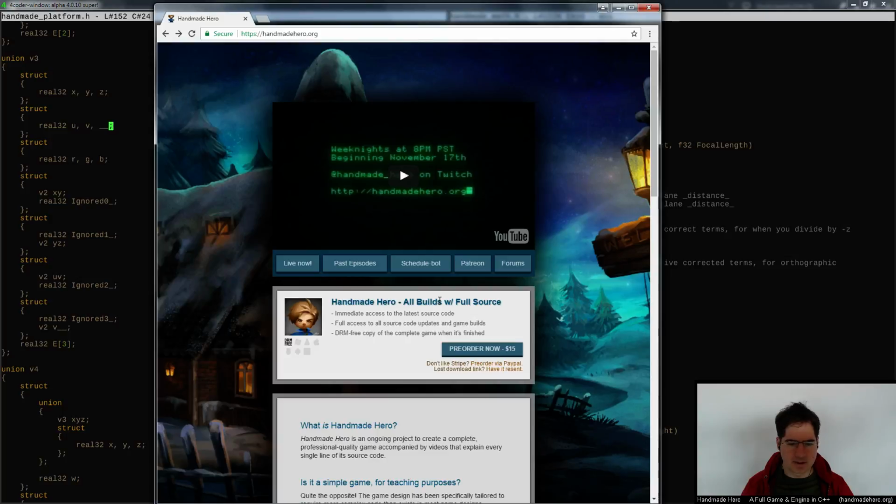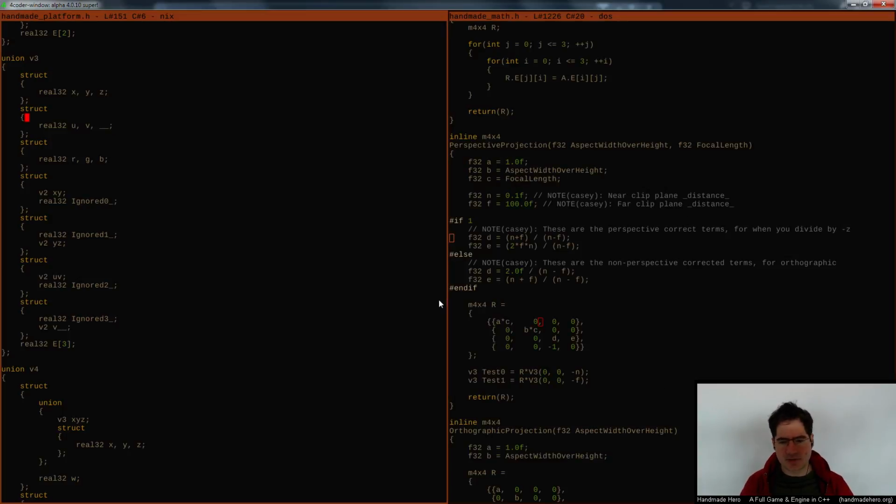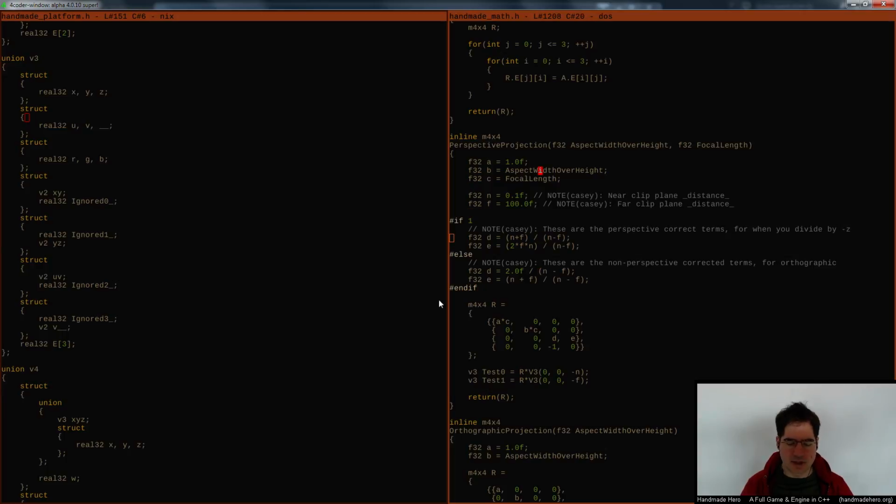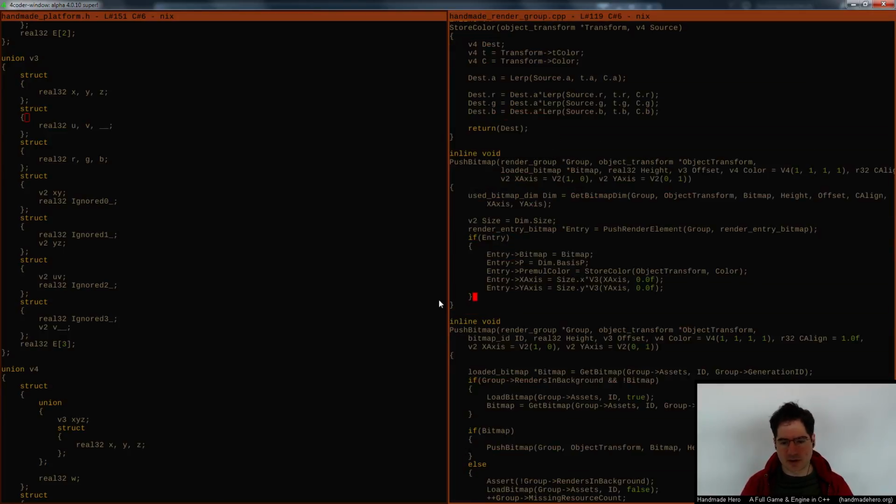But yeah. Anyway, now that we've got that under control, quote unquote, we need to go and take a look at how we are doing our sprites, right? So if we take a look at render group here, when we are doing our push bitmap call for a sprite, I'd like to have some idea about how we're going to make this align with the camera or other things of that nature.